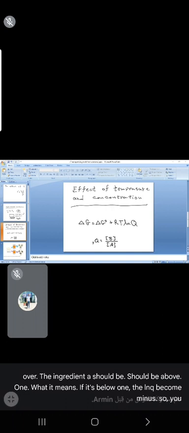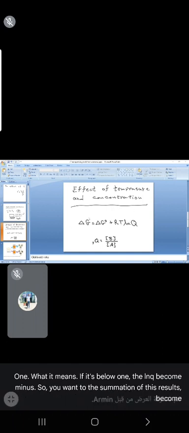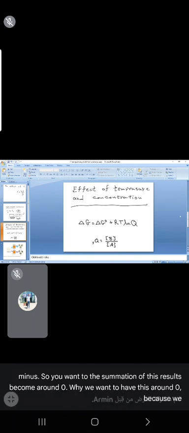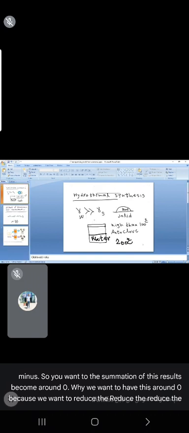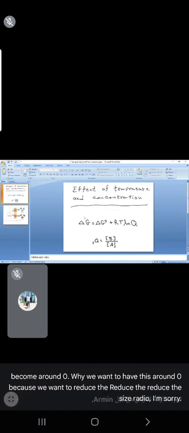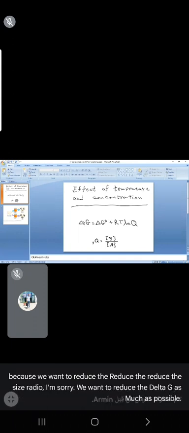So you want the summation of these results to become around 0. Why do we want this around 0? Because we want to reduce the delta G as much as possible.